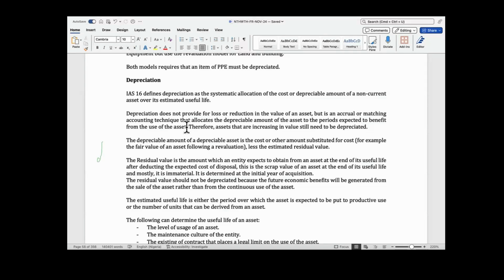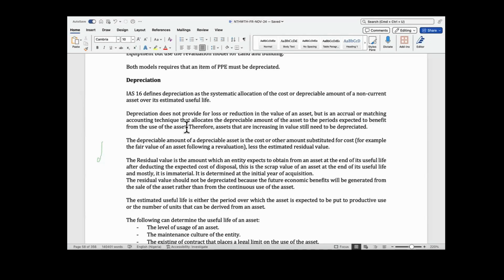So it is expected that you do not put it in P&L and eat it in 1 year's profit, but rather spread it along the profit of those 5 years. And the way we do it is through depreciation, by way of matching and also accrual.